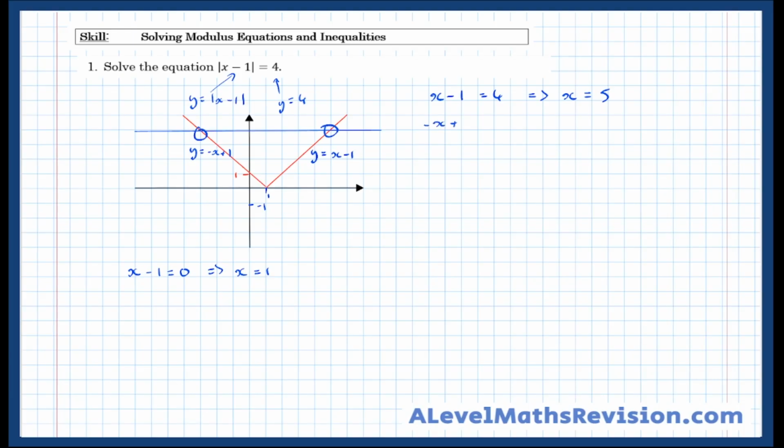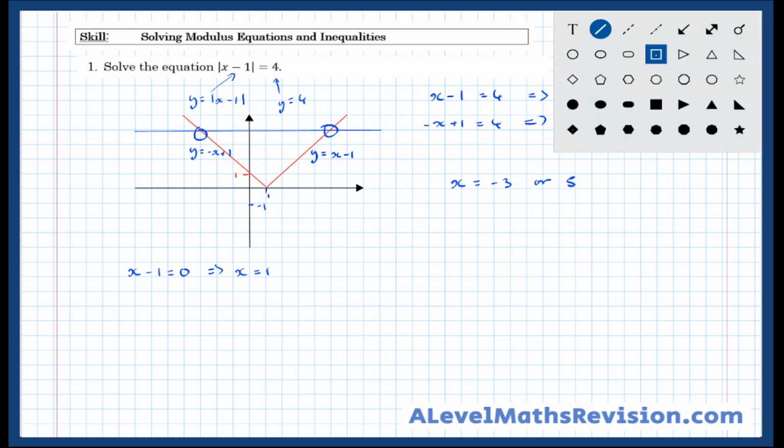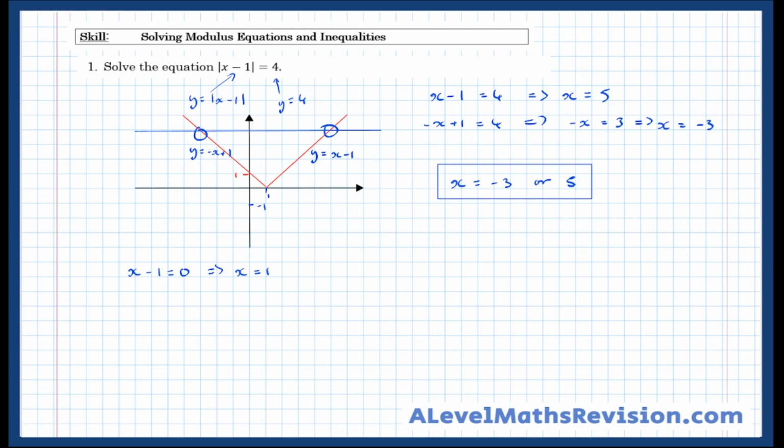And minus x plus 1 equals 4, which means that minus x equals 3, which means that x equals minus 3. So there's our two solutions, x equals minus 3 or 5. And that's our answer there.